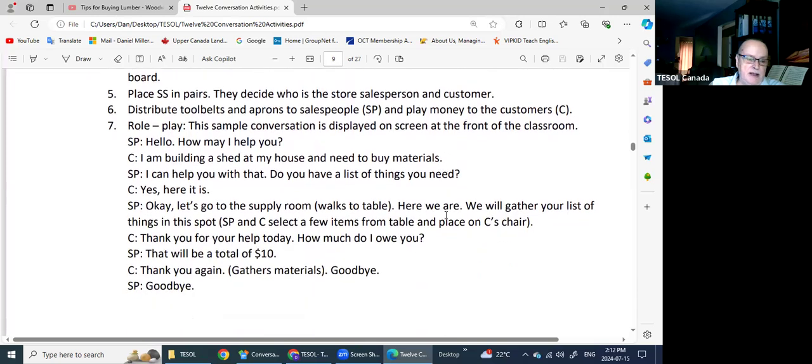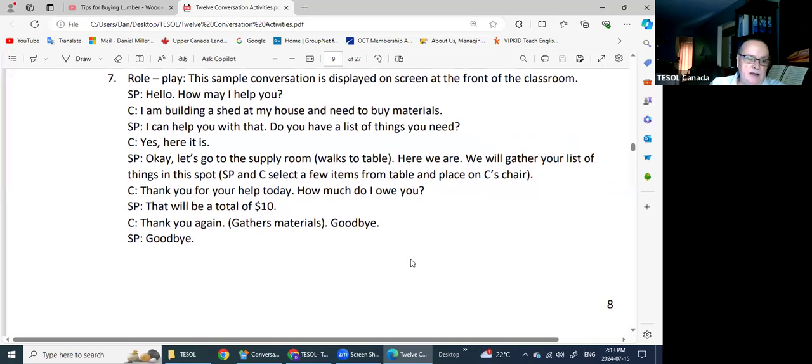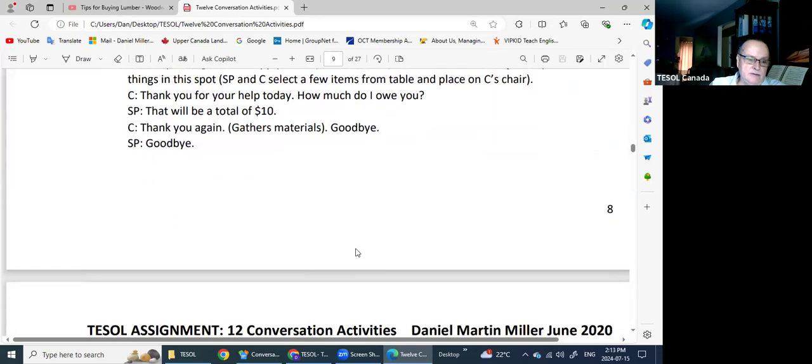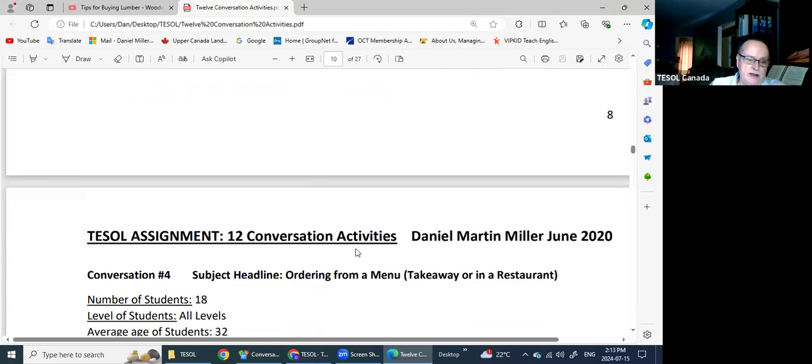And we have role playing between the salesperson and the customer. And then we've got play money again so that they can buy what they need from the salesperson. And the greetings of hello and goodbye are important as standard forms of communication.